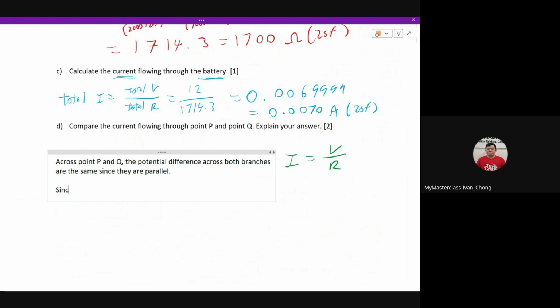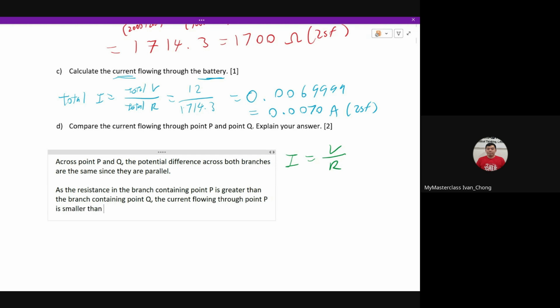As the resistance in the branch containing point P is greater than that of the branch containing point Q, the current flowing through point P is smaller than through point Q. That's all.